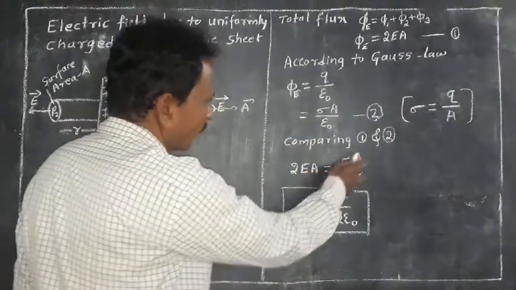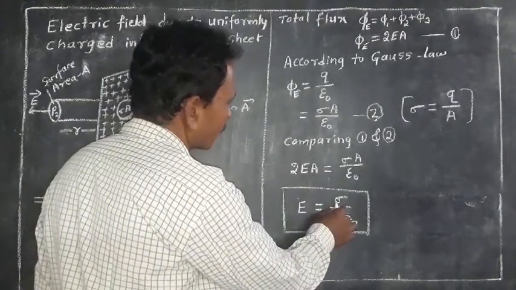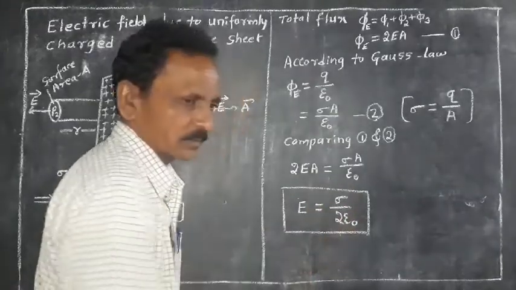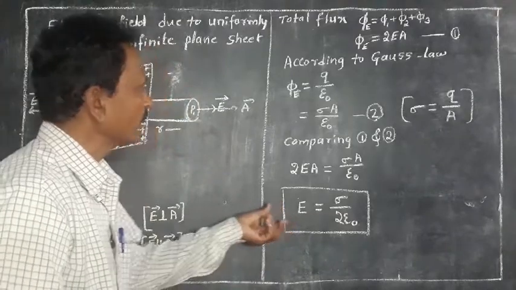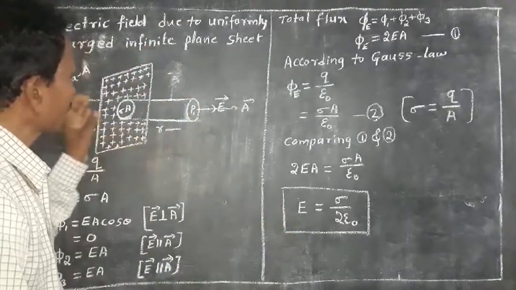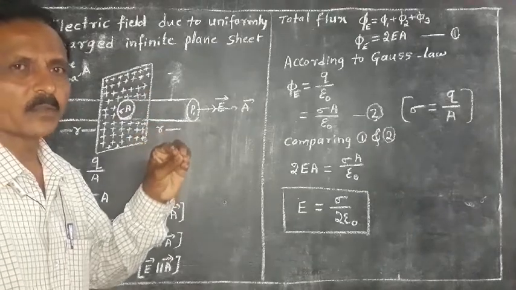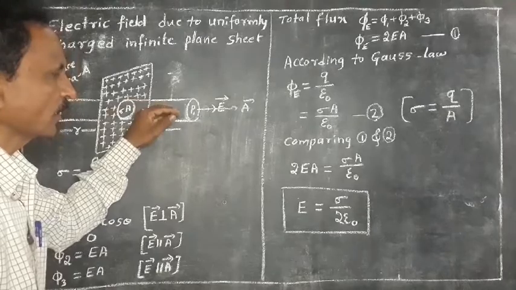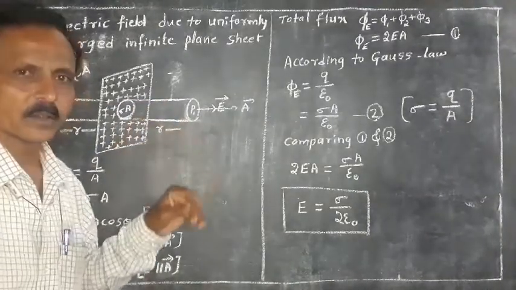Here A and A get cancelled. Therefore, E equal to sigma upon 2 epsilon naught. This is the expression for electric field near a uniformly charged infinite plane sheet, and it is independent of the distance of the point from the plane sheet.